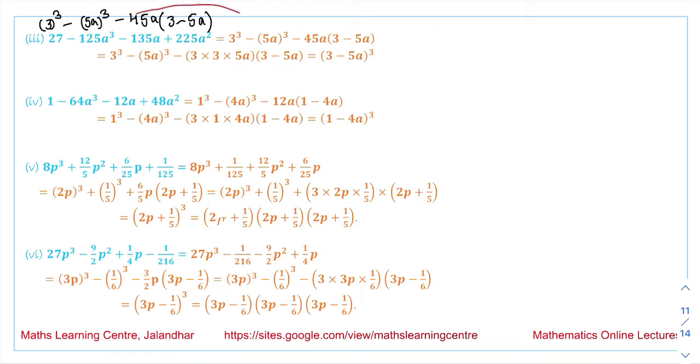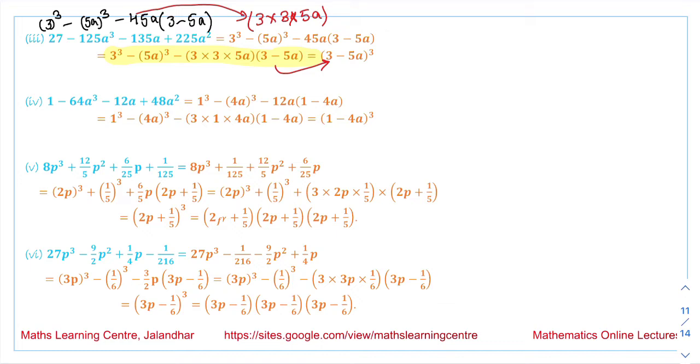This 45 we can write like 3 into 3 into 5a. So our expression comes out to be 3 cube minus (5a) cube minus 3 times 3 into 5a into (3 minus 5a), and this is the formula for (3 minus 5a) whole cube.